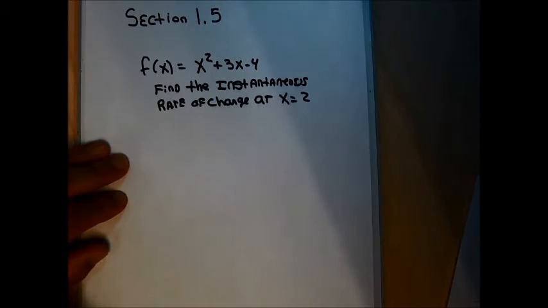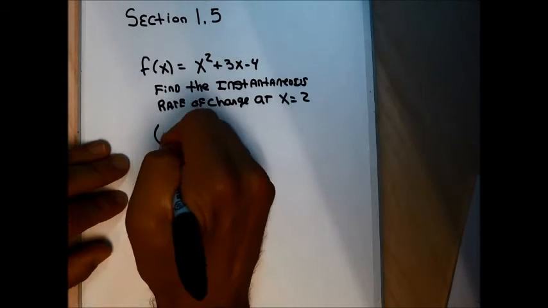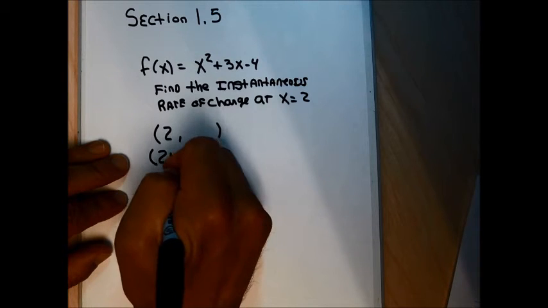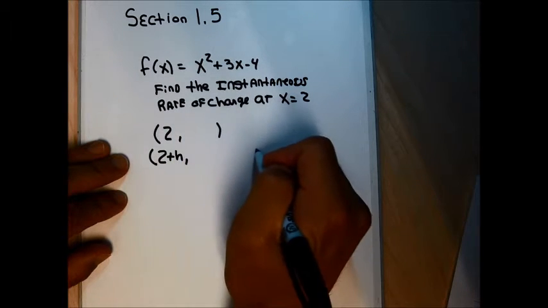And what we would have done is we would have made 2 points. We'd have gone to point 2 comma something and 2 plus h comma something.